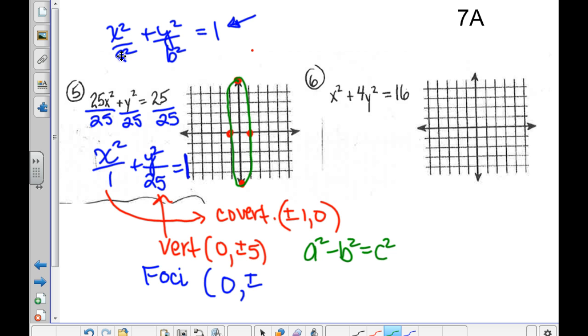These are already a squared and b squared, right? The biggest one is just always the first one. So it's going to be 25. It's already squared. It's 5 squared minus 1 squared equals c squared. So we get square root of 24, or 2 square roots of 6. Yeah, don't ask me.